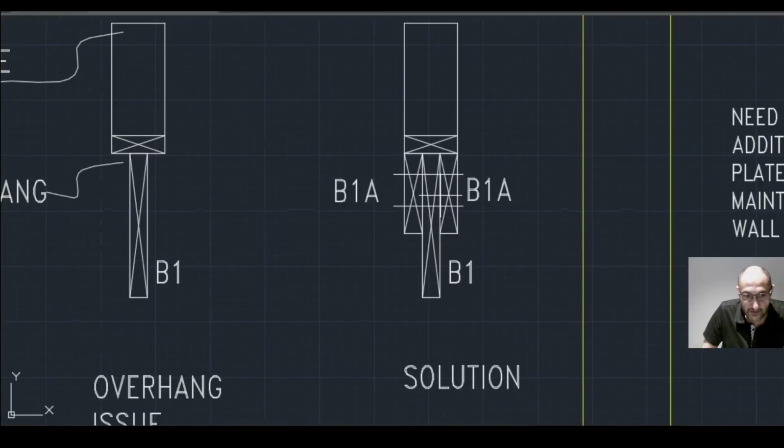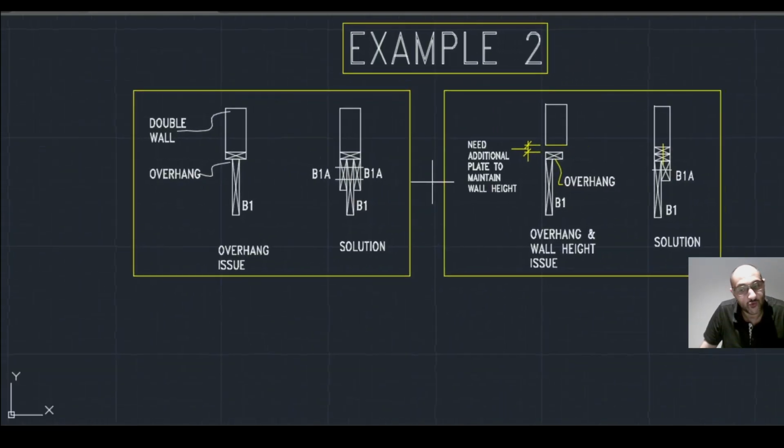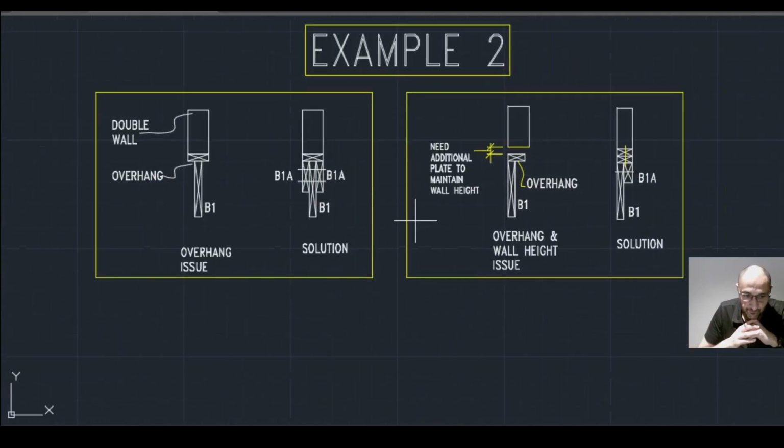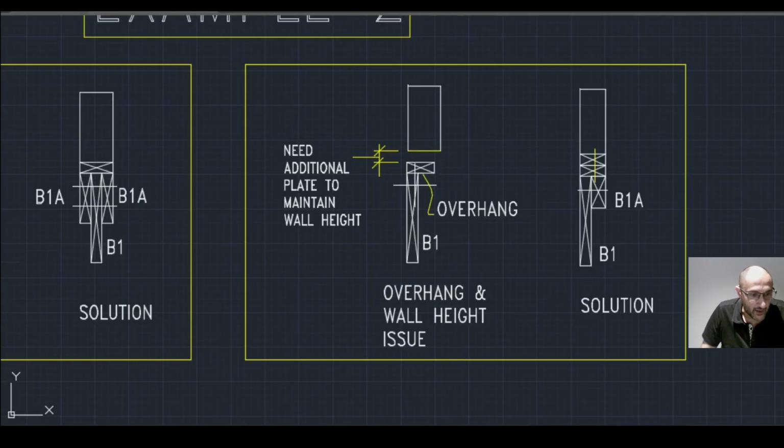In the second image, we have another interesting detail where there are two built-up sections to consider. We originally had a wall height issue and an overhang issue as well in one problem. So we need to add another top plate to compensate for the height, and beam B1A over here to fix the overhang issue.